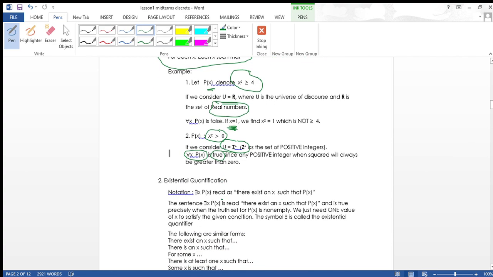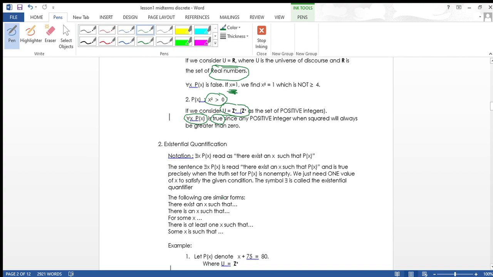The second type of quantifier is what we call the existential quantifier. The first one is the universal quantifier, the second one is the existential quantifier. For the existential quantifier, we use the inverted capital letter E as the symbol. This is read as: there exists an x such that P(x).